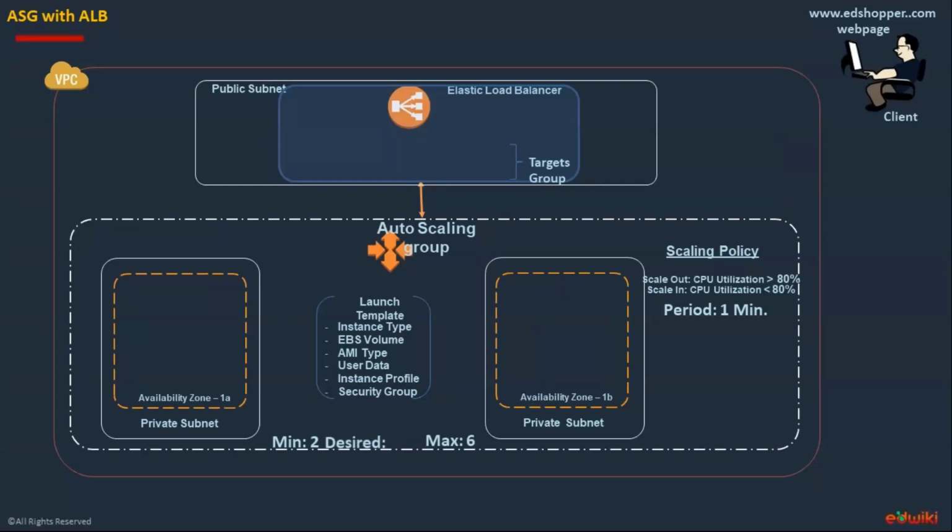That way, whenever AWS auto scaling is updating the desired count and creating the servers, the moment the new servers appear in the auto scaling group, those servers will automatically get added as targets to the target group. The moment the servers appear in the target group, your load balancer will automatically start distributing requests to that particular target group, and the requests will be sent to those EC2 instances. Are we good with this?